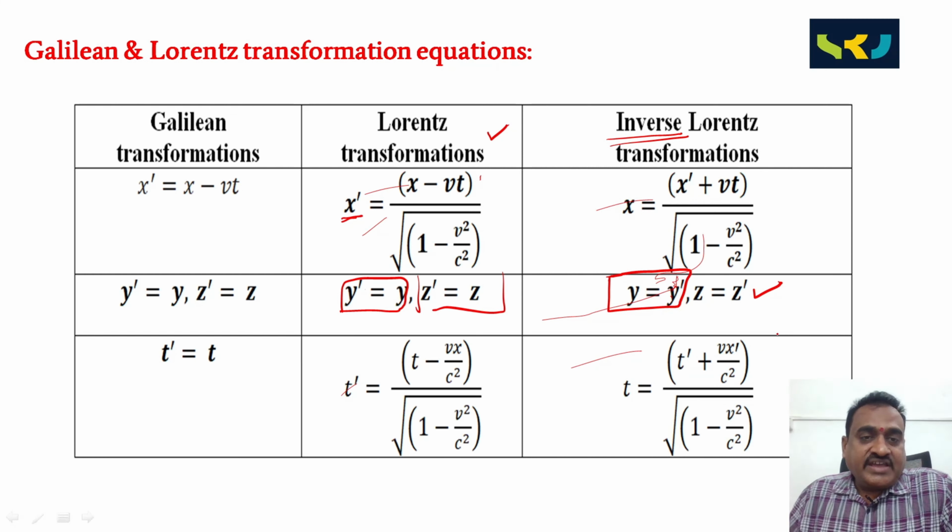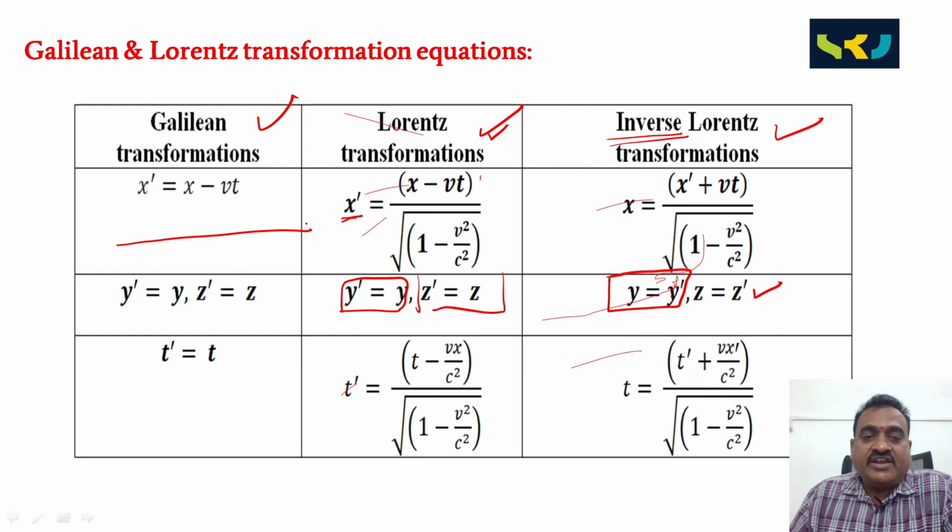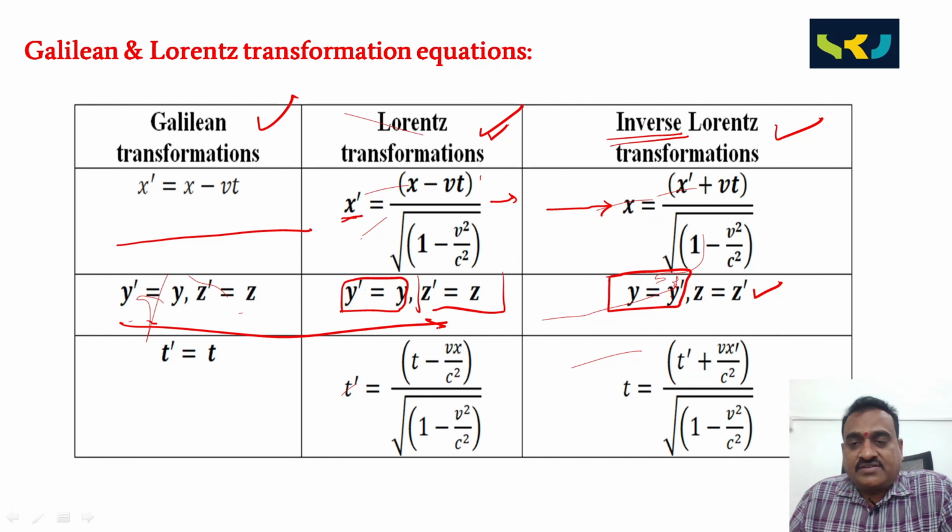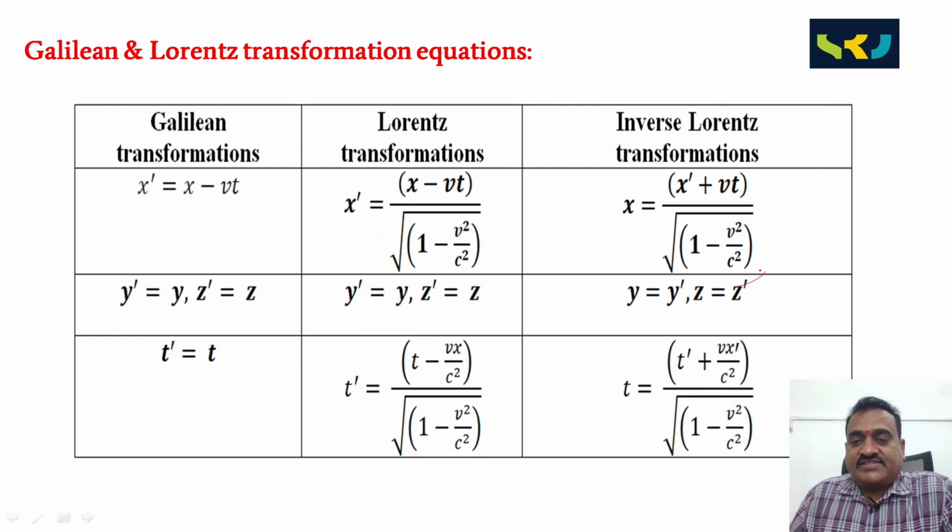Okay, try to understand here the relation between Galilean, Lorentz and inverse Lorentz transformation equations. Simply, you see here x dash is equal to x minus Vt, and x dash is equal to x minus Vt by root of 1 minus V square by C square. Here x is equal to x dash plus Vt by root of 1 minus V square by C square. Here y dash is equal to y, z dash is equal to z, and in the inverse you can see y dash is equal to y, z dash is equal to z.